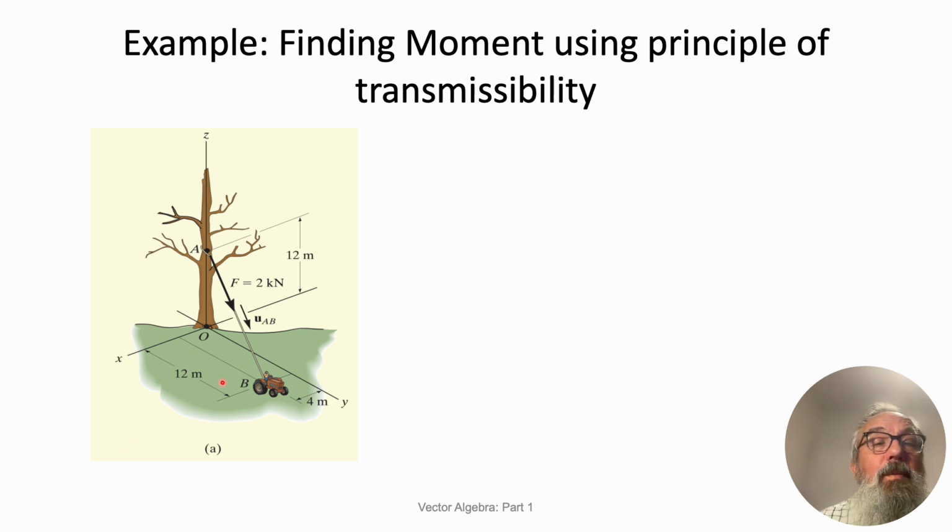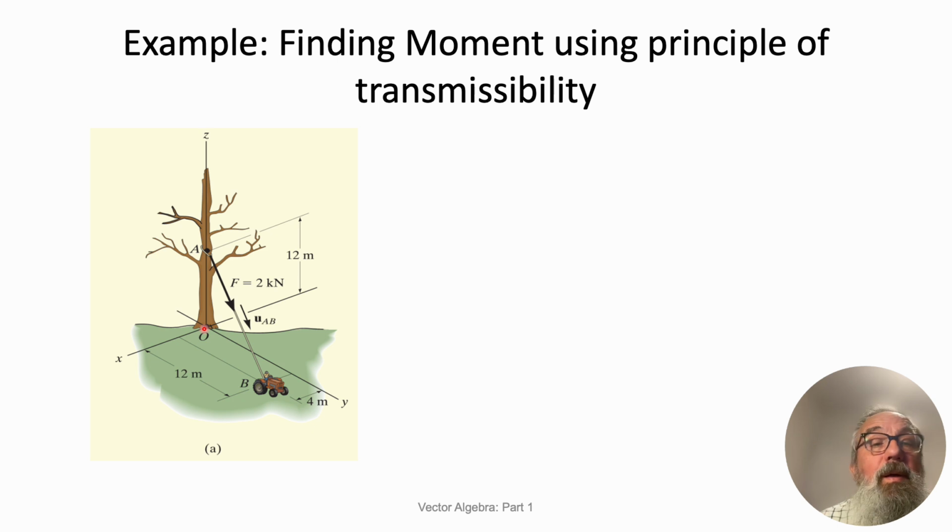So we've got a particular example here. We can quite easily see what's happening. We've got a tractor pulling a rope that's attached to the top of a tree, 12 metres up the tree. It's offset about 4 metres on the ground, so we've got some geometry here. It's 12 metres along from the tree.